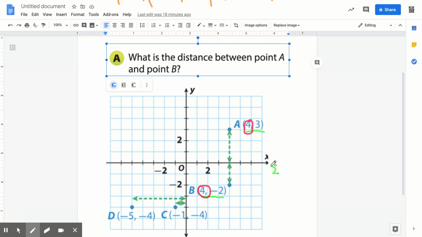That would be 3. This is the 3 over here. And then if you remember, like I said, absolute value of -2 is 2, which makes it a positive 2. So plus 2 is going to equal, and you guys know this, 5.